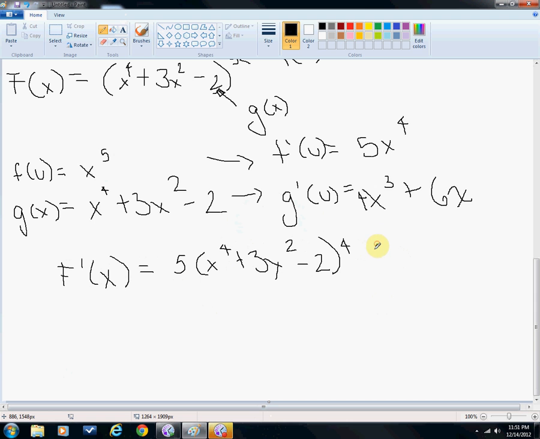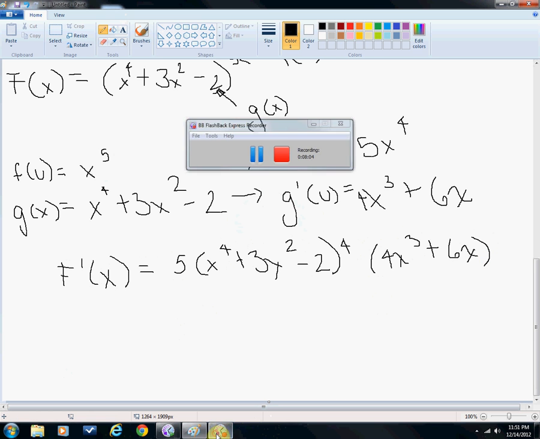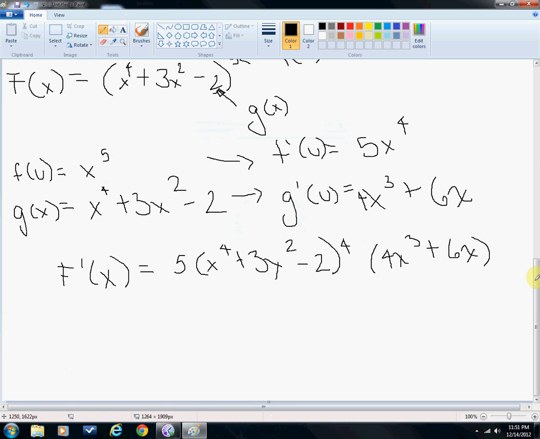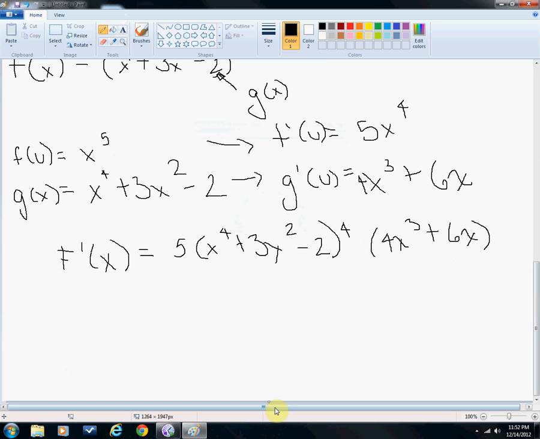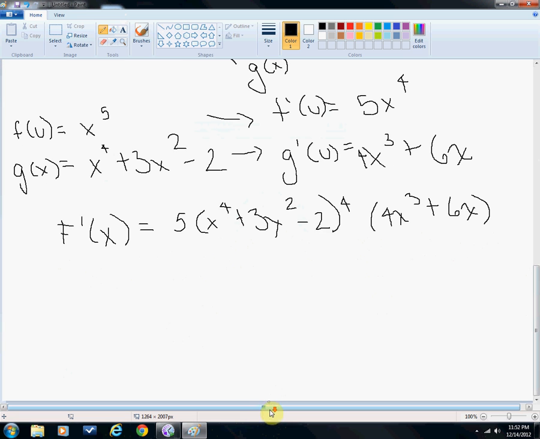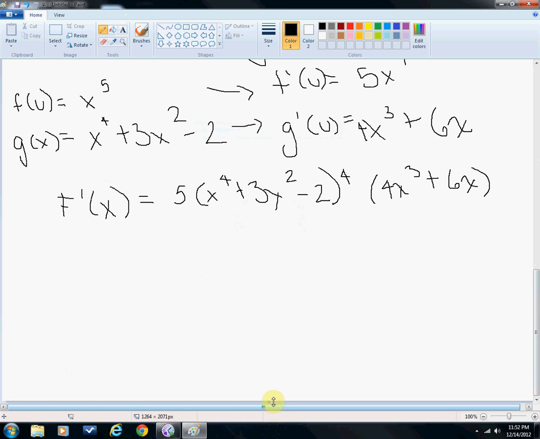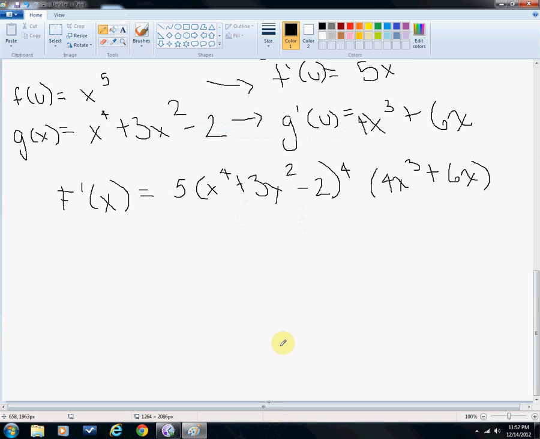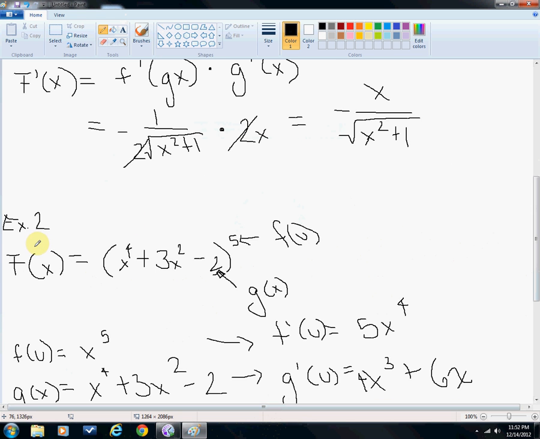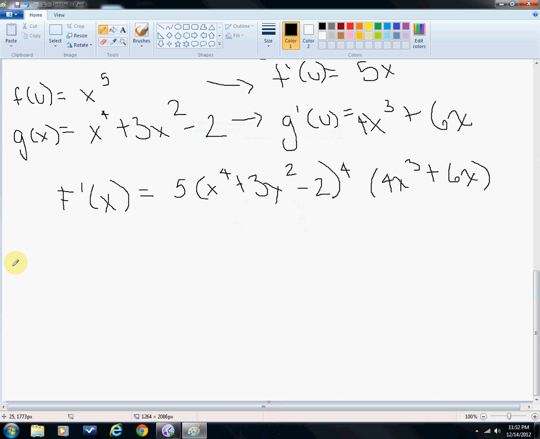And then you will multiply it by 4x to the third plus 6x. This is kind of hard to compute, so you can just leave it like that. I don't think I'll have enough time to, or maybe I will, I don't know. But let's just leave it at that. And I'll show you another example.